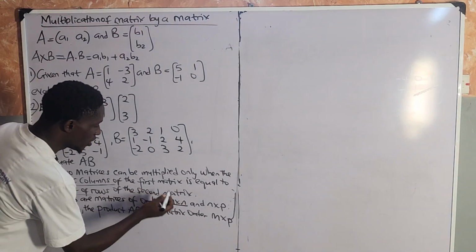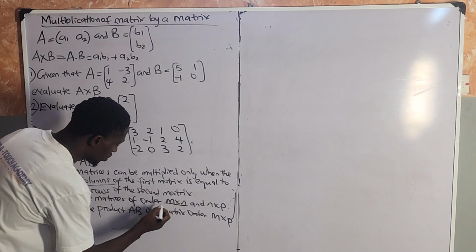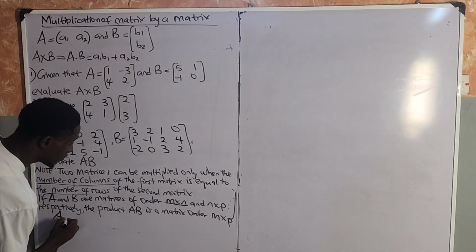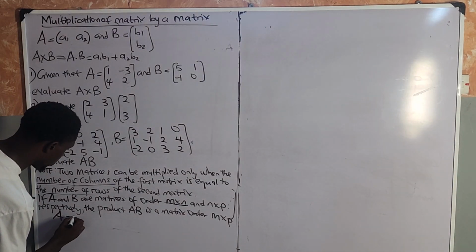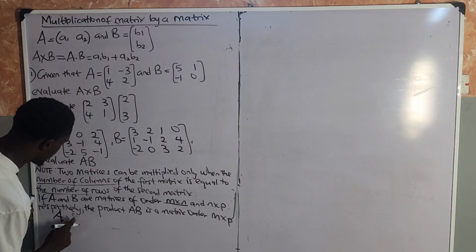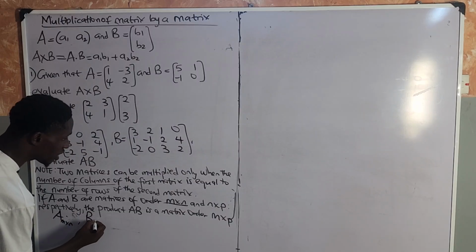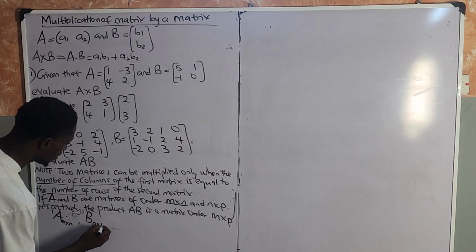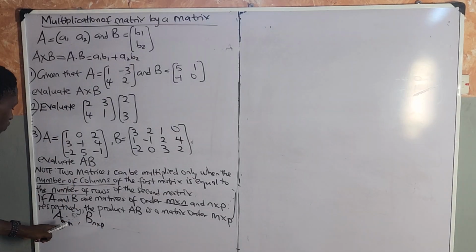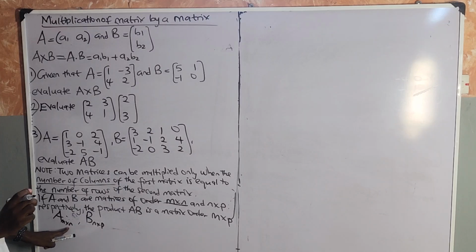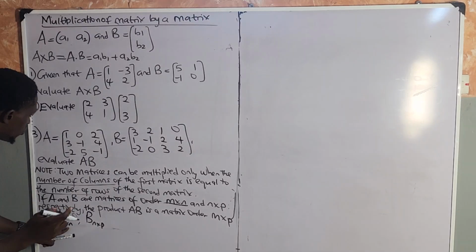You will see that, first of all, this is matrix A, which has an order of m times n. And this is matrix B, which has an order of n times p. Before you check whether it is possible to multiply, what is the column of the first matrix?